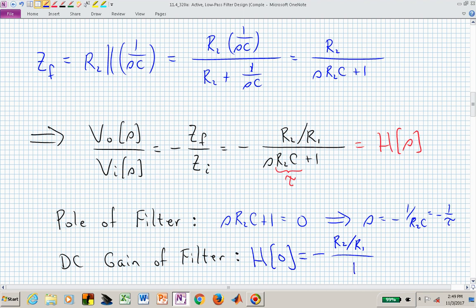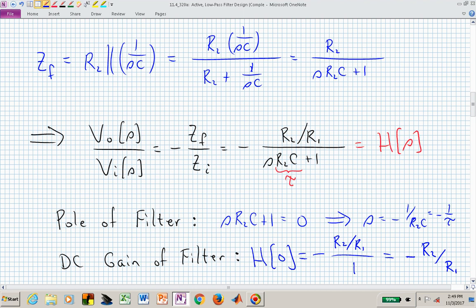Now our DC gain is the ratio of that feedback resistor divided by the input resistor. And it's negative because of the feedback actually coming in through the inverting terminal of the op-amp.